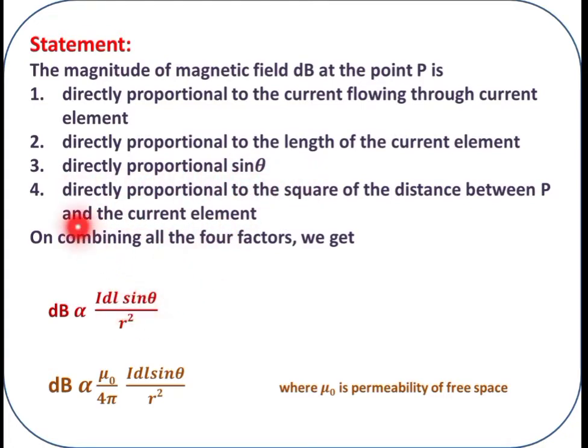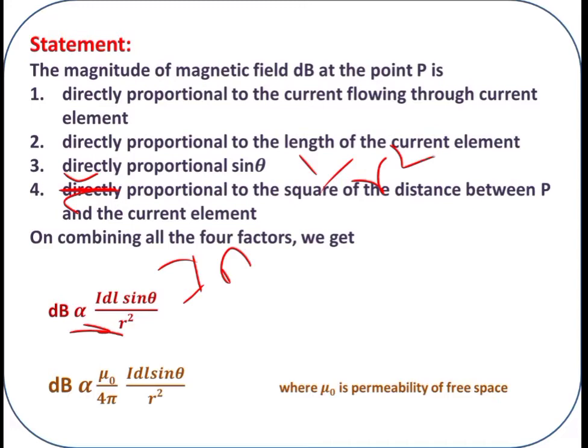And dB is inversely proportional to the square of the distance, that is, directly proportional to 1 divided by the square of the distance r.